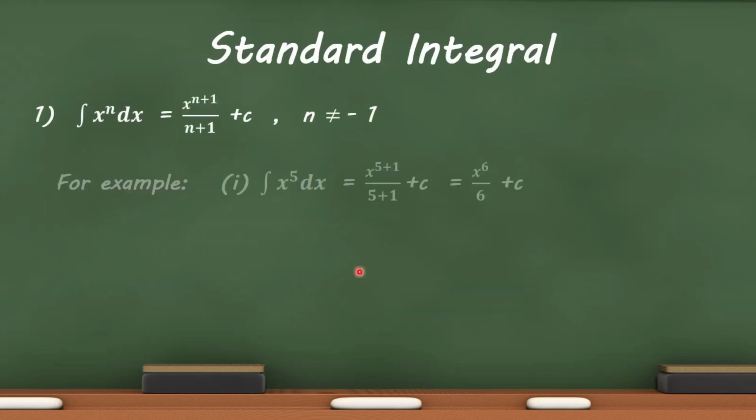Then next, integration of some functions is written here, the formulas which you have to prepare and remember. Integration of x power n dx equal to x power n plus 1 upon n plus 1 plus constant c.